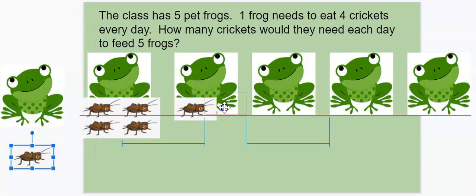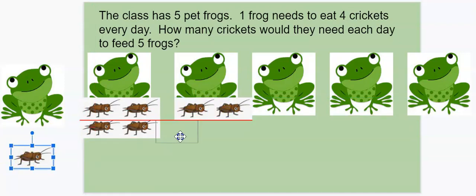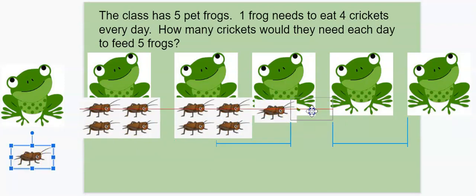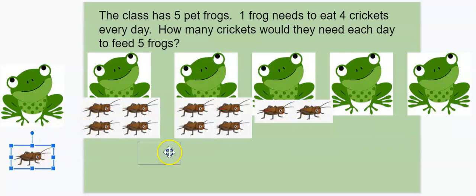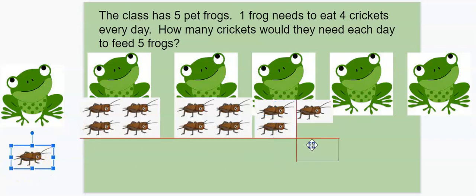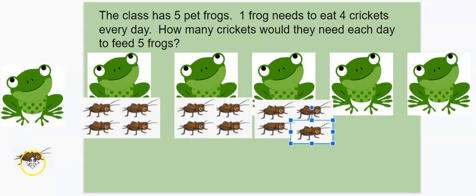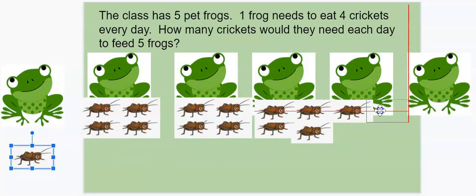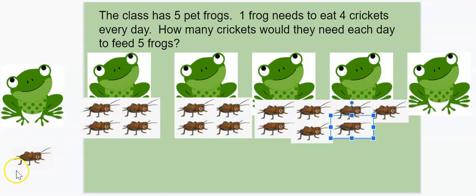1, 2, 3, 4. 1, 2, 3, 4 crickets. And here is the fourth frog. 1, 2, 3, 4.